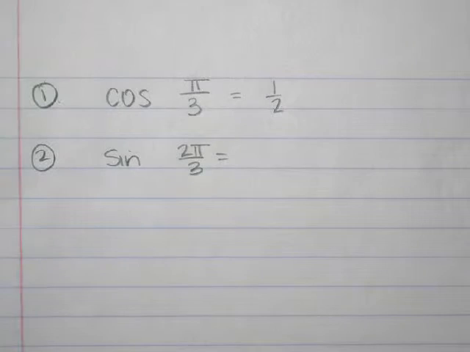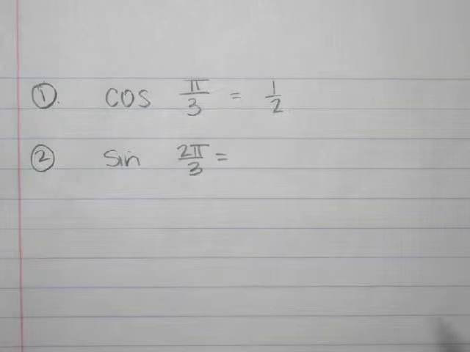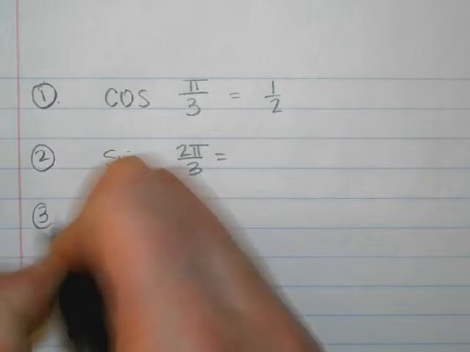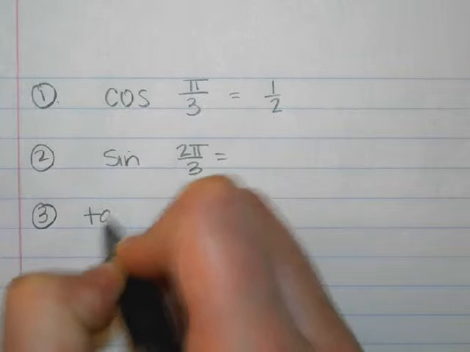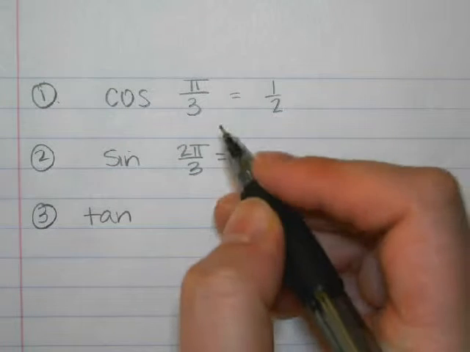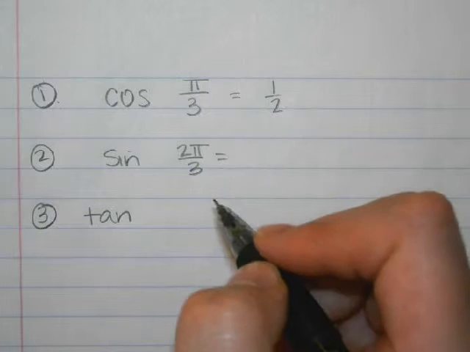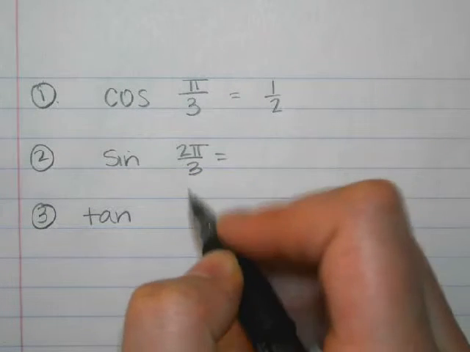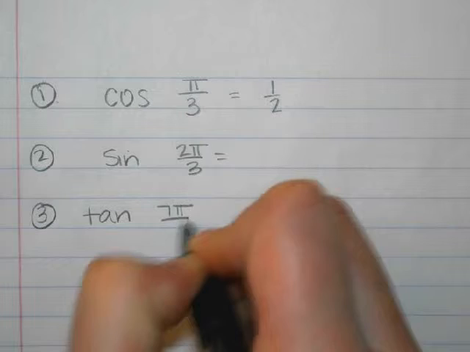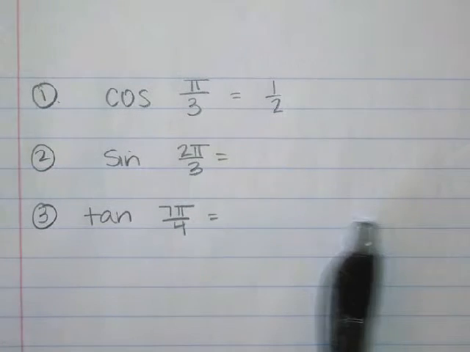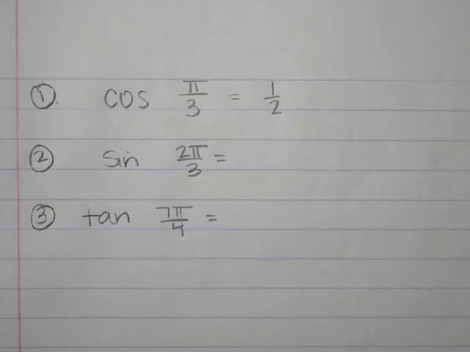All right, next one. You're going to have to show some work for this one. This one is tan of 7 pi fourths.